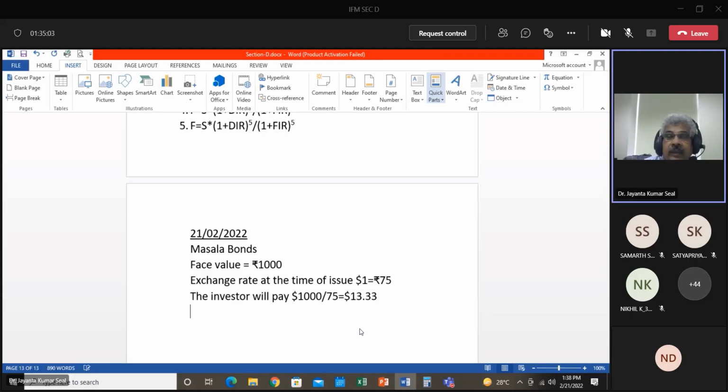Now, if in between there is interest, whatever interest is paid will be paid in dollars. Suppose 10% on 100 rupees divided by the exchange rate at that time.